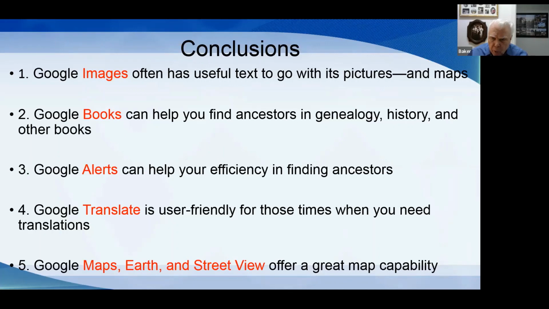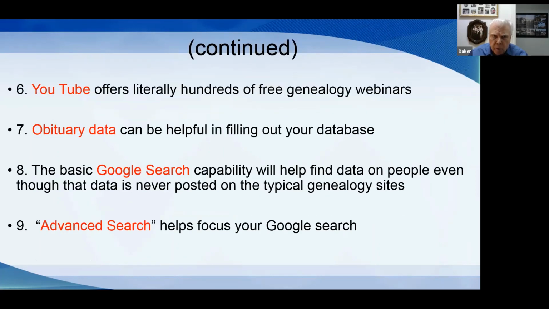With Google Alerts, you can see the advantage of that. Google Translate is growing and is better than it ever has been. We had examples from the map Earth business. There's all those good webinars that you can see on YouTube. And maybe you find something useful in the obituary data.